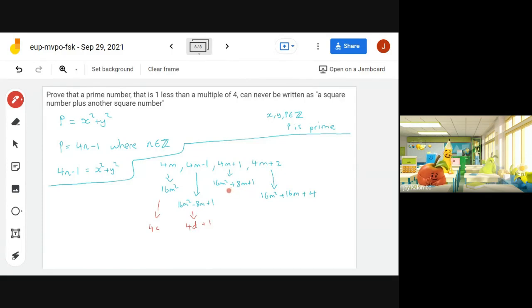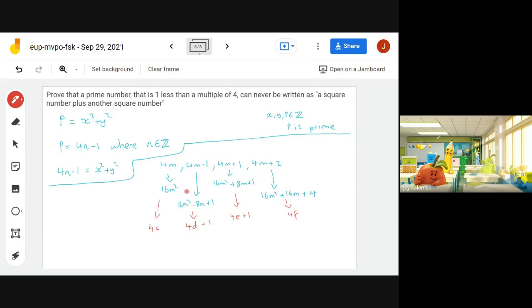And then the 16m squared plus 8m, well, that is some multiple of 4 plus 1. So that's 4e plus 1. And then the next one is just a multiple of 4 because 16m squared is a multiple of 4 because of the 16. The 16m is a multiple of 4 because of the 16. And the plus 4, that's a multiple of 4 because of the 4. So add them, you get a multiple of 4. So that's going to be like 4f.